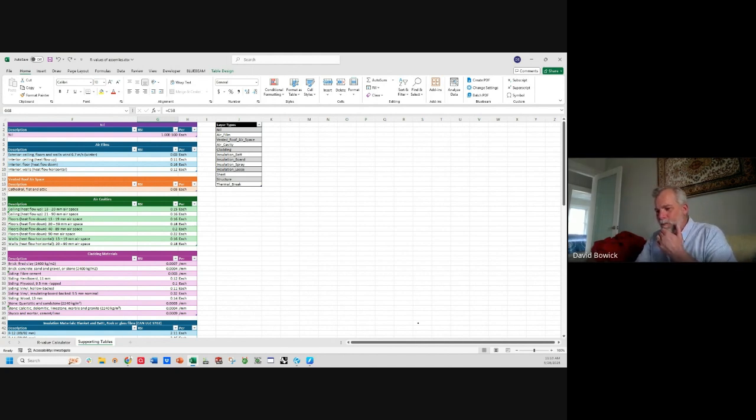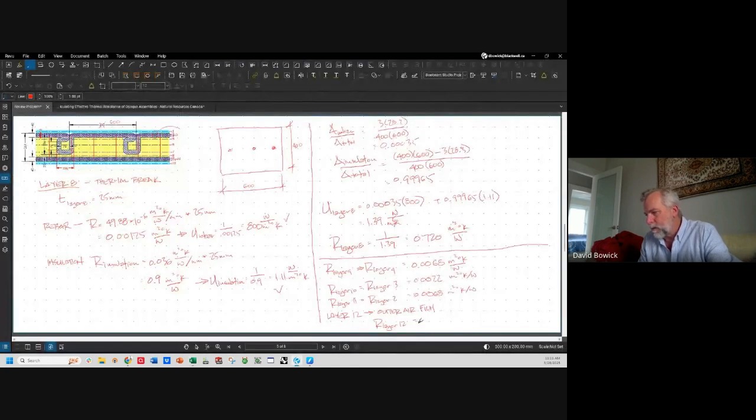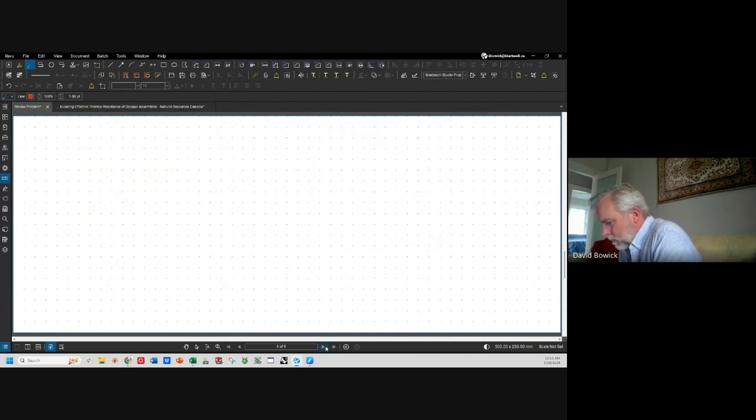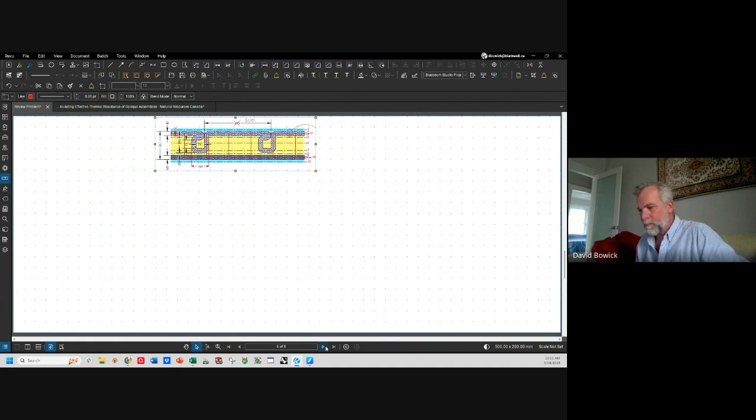The ceiling is interior, but I guess they mean roof. Okay, so exterior walls, 0.03 meters squared degree Kelvin per watt. Okay, see if I still got that on my clipboard. I do.